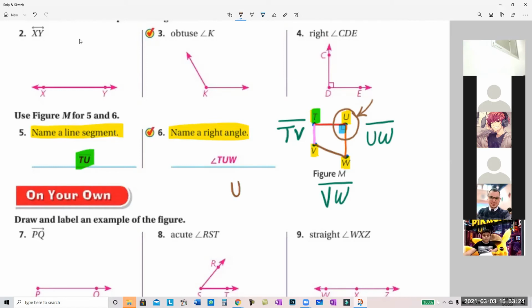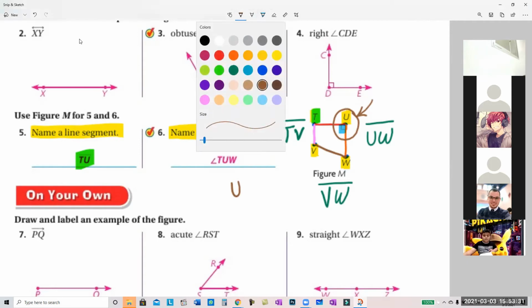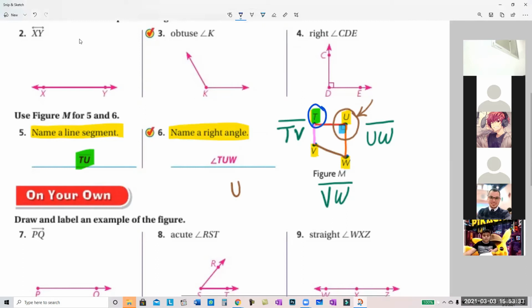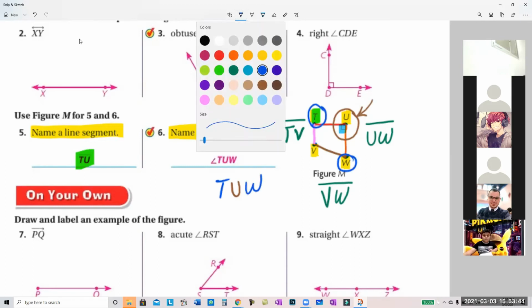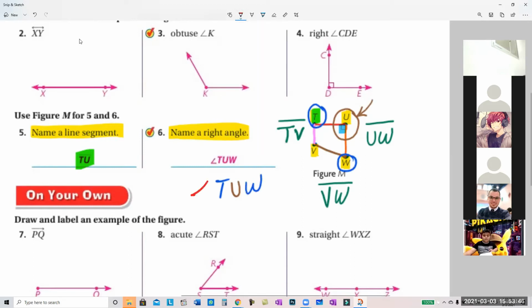And then I write the 2 other letters next to it, which is T and W. So it will be T, U, W. And don't forget to put the sign of the angle, like that. Okay, thank you so much, Hassan.